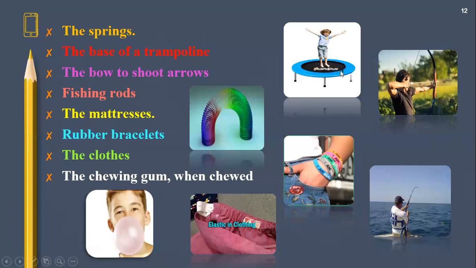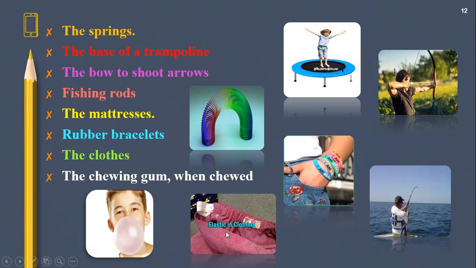This is one elasticity example. Next, the bow used to shoot arrows. Next, fishing rods, mattresses, rubber bands, cloths, and chewing gum when chewed are examples of elasticity.